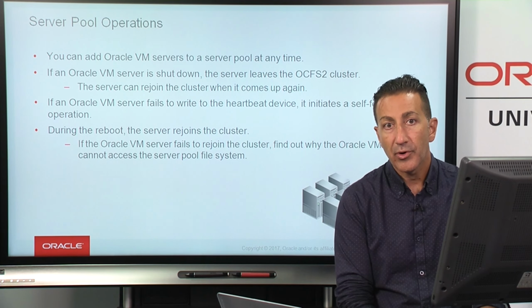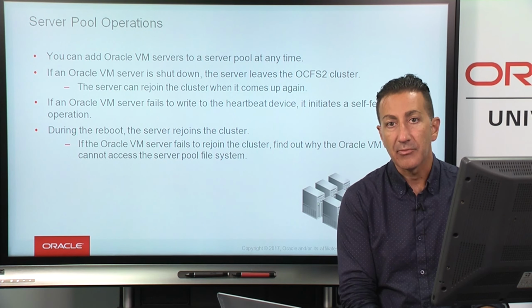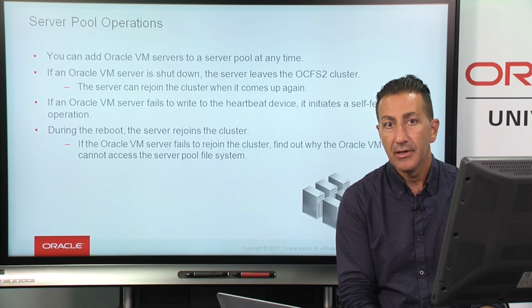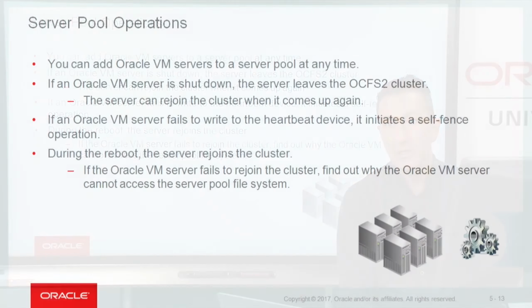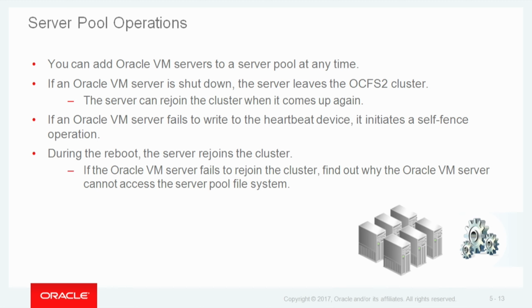Well, for server pool operations, you can add Oracle VM servers to a server pool at any time, after, for example, you discover new ones, or you rediscover them, or you reinstall, right? If an Oracle VM server is shut down, the server releases or leaves the OCFS2 cluster, so the server can rejoin the cluster when it comes up again.